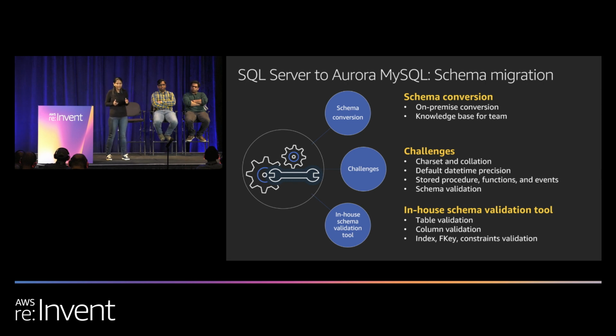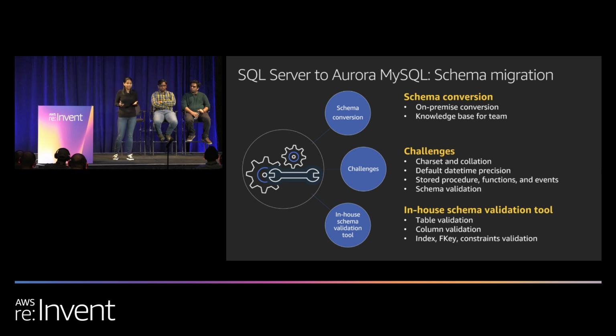And that's why we came up with an in-house schema validation tool which could validate the difference between a given source and target schema. This tool could validate from very basic stuff like number of tables, stored procedures in source and target, case sensitiveness of table names. I'm sure anyone who has migrated from SQL Server to MySQL could relate to that.